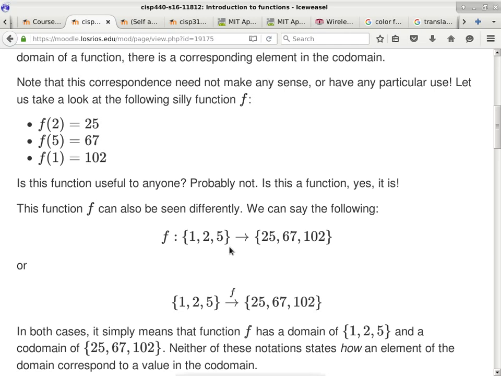So these are the only values that can go into the parentheses. And then we have a single right arrow, which in this case I use to mean map to. So it maps to another set. In this case, 25, 67, and 102 are potential results of applying function f.